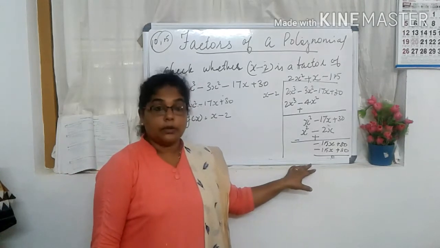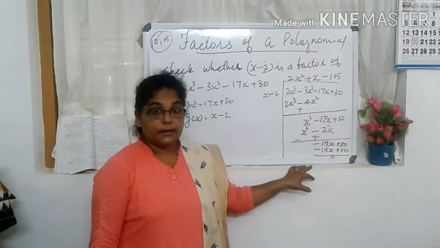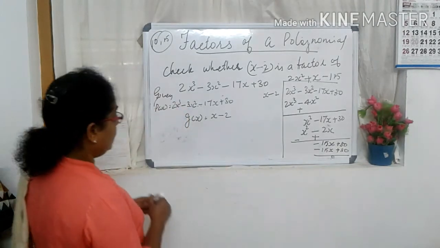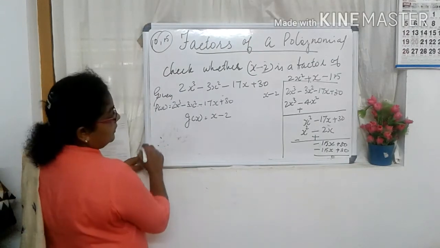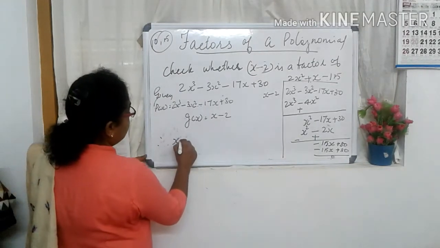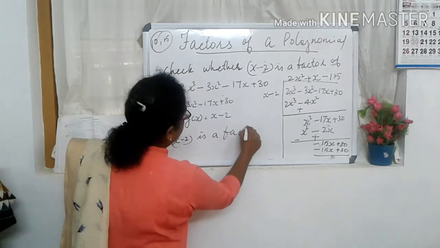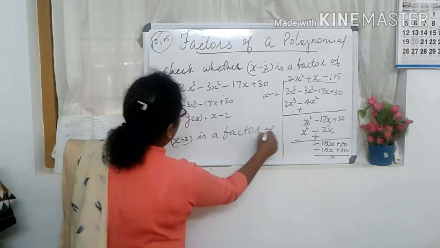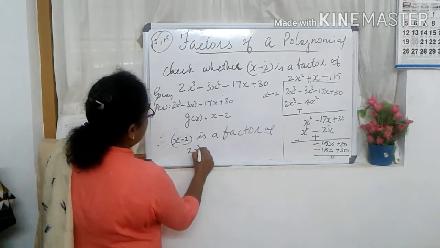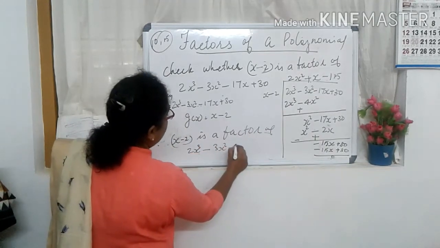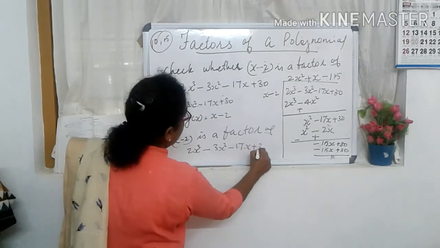Write the steps and do the process that we already learned. Therefore, our conclusion: x minus 2 is a factor of 2x cube minus 3x square minus 17x plus 30.